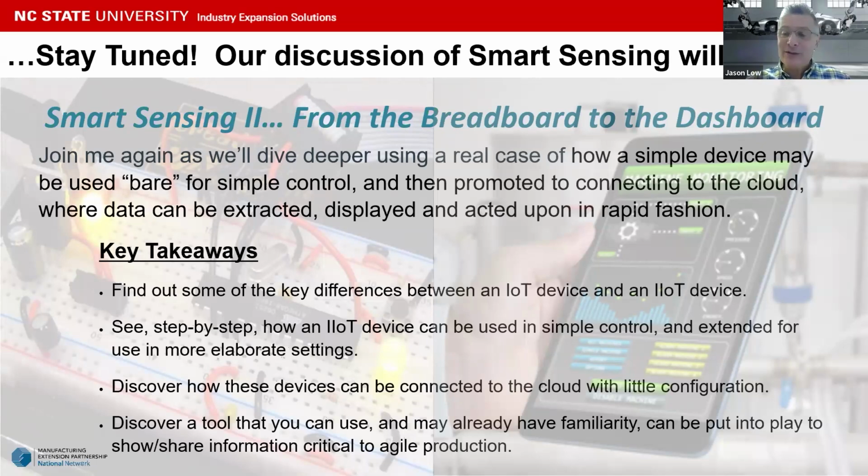I'm not even going to put a control system in there, but I'd like to use an application or a website to look at data coming from these smart devices. So the suspense is, I'm going to invite you back in the spring to join me for the second part of this presentation. With that, I'm going to turn it back to our moderator, Susan.